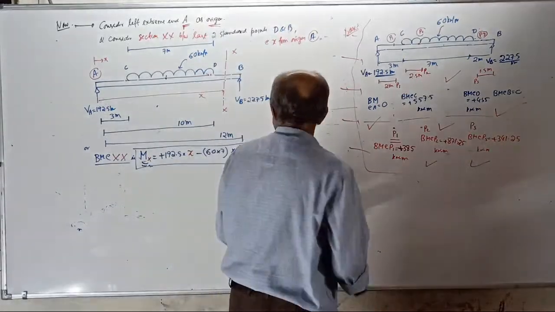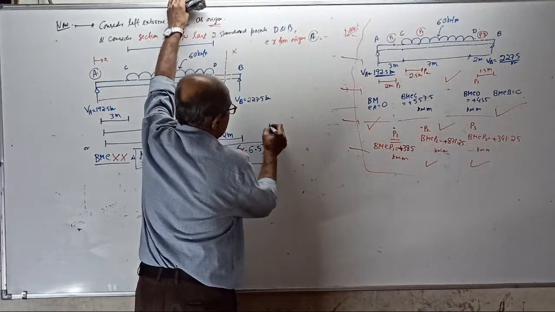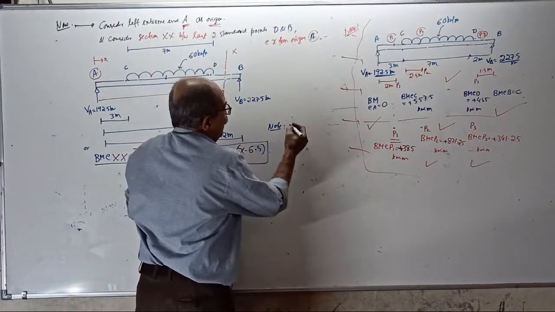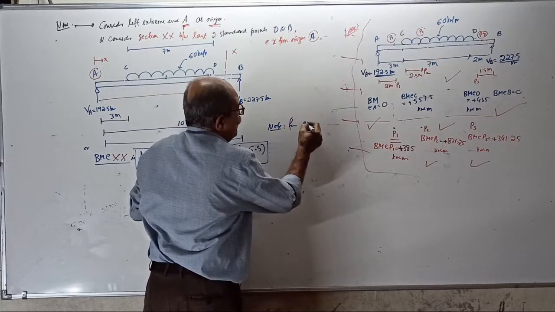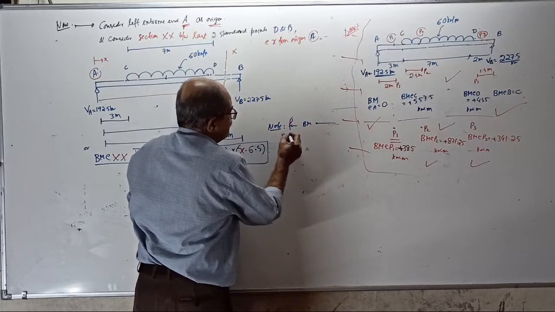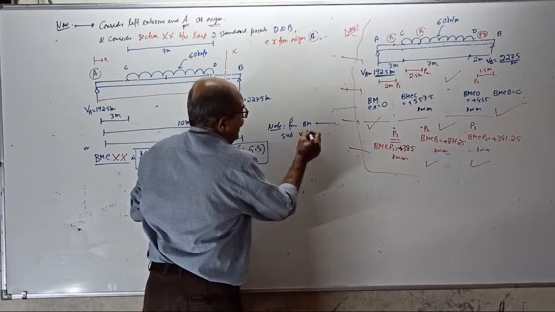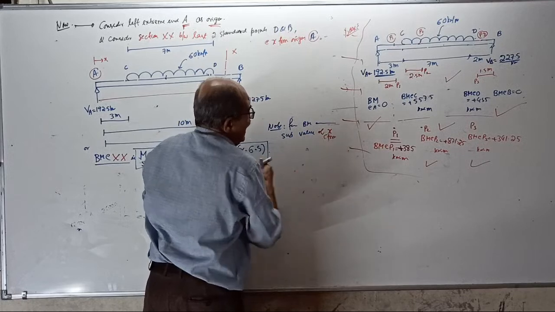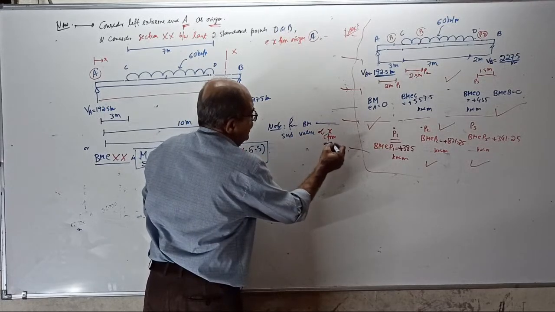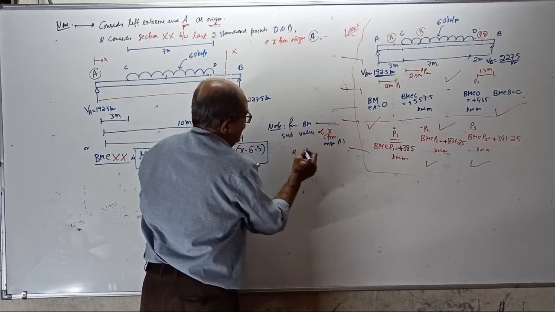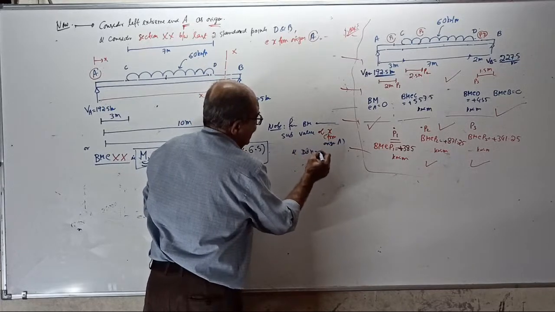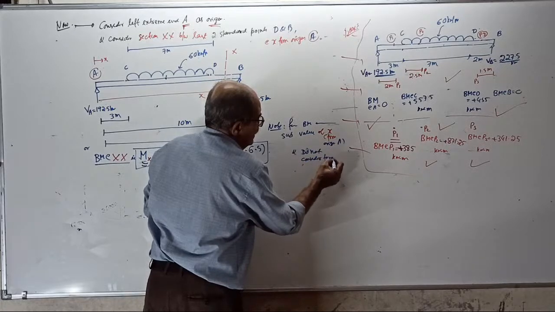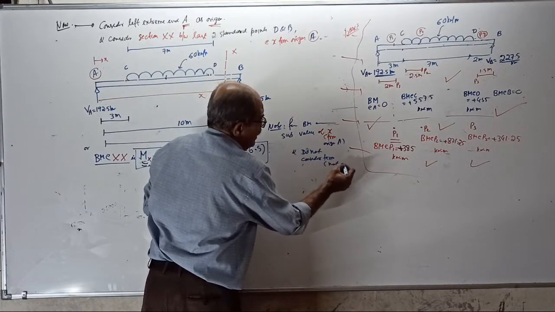Okay, now write. Now, note. You write here correctly. For finding bending moment anywhere, substitute the value of x from origin A. And do not consider terms which are not applicable.